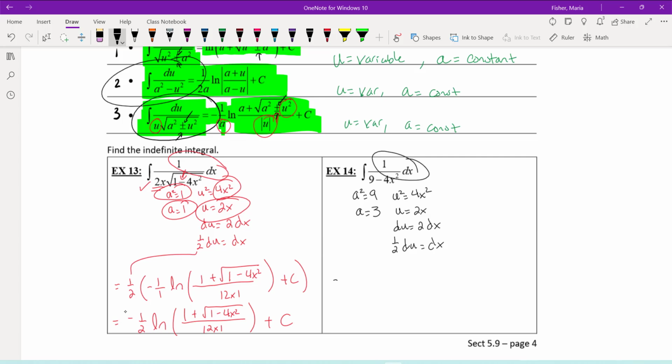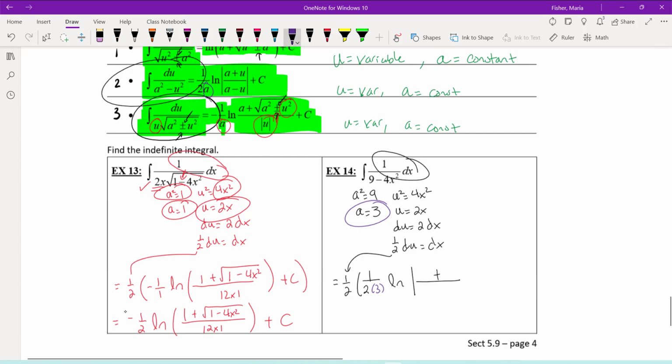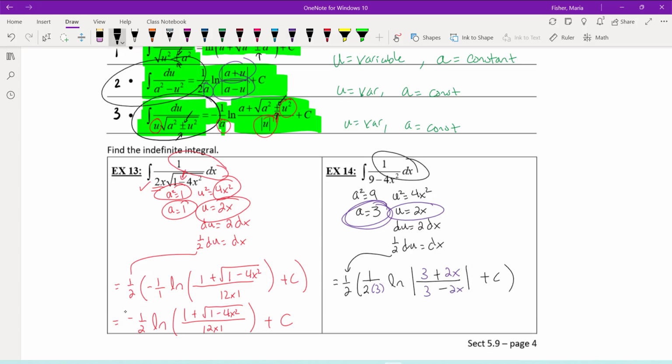I do not have a 2 dx, so I divide both sides by 2, and 1/2 du is equal to dx. So then this is going to equal, remember your 1/2 is a constant multiplier that multiplies along, times 1 over 2 times a, well, a is 3, and then times the natural log of the absolute value of a plus u, so 3 plus 2x, over a minus u, so 3 minus 2x, plus c.